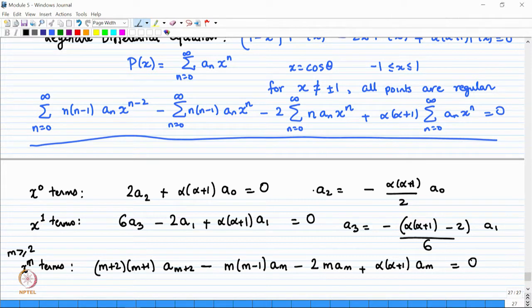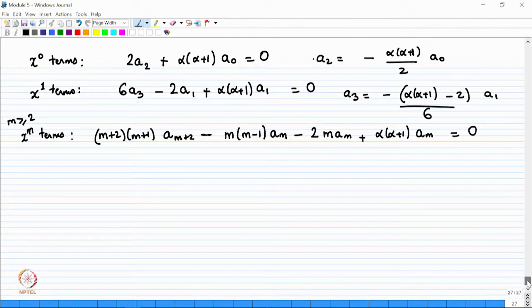Now, what you see is you have a_(m+2) and you have a_m. So I can write a_(m+2) is equal to a_m times some quantity. The denominator is m plus 1 times m plus 2.